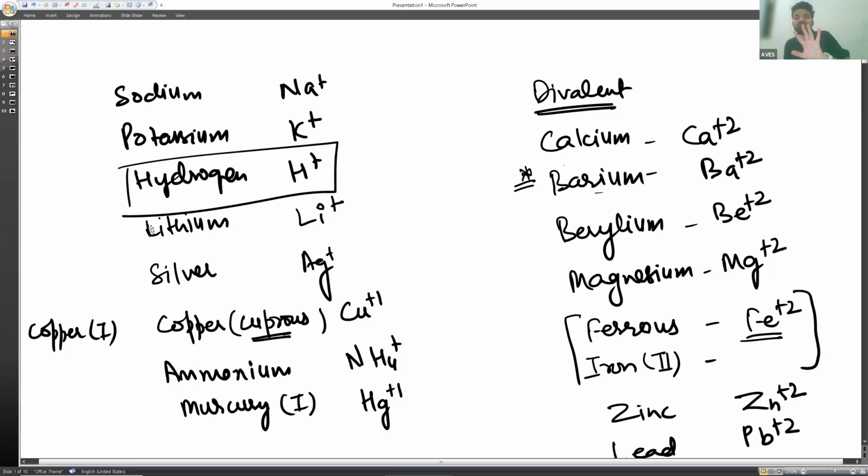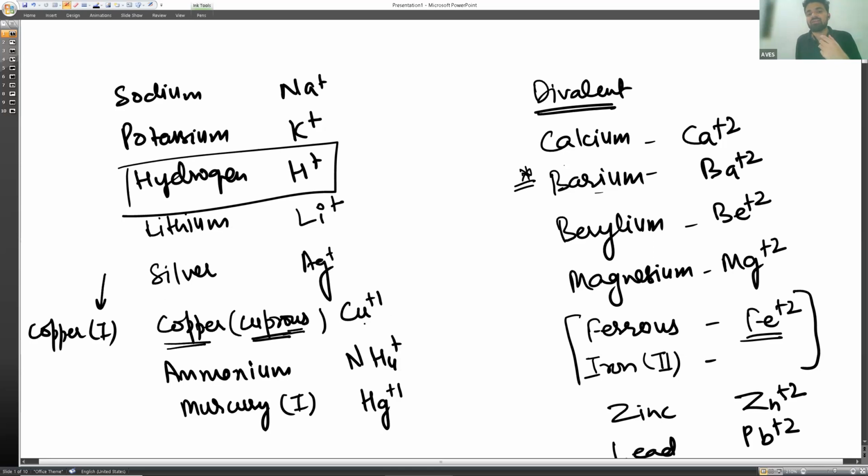First stop writing, please listen to me. Sodium Na 1 positive, potassium 1 positive, hydrogen 1 positive, lithium Li 1 positive, silver Ag 1 positive. Copper has two types of valency, 1 and 2. When it is copper with one valency, it will be written like this, or it is said cuprous.